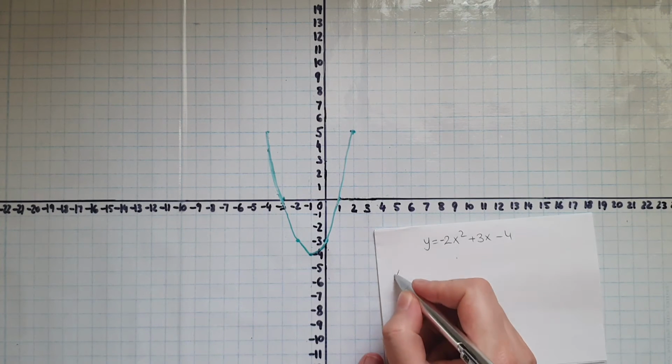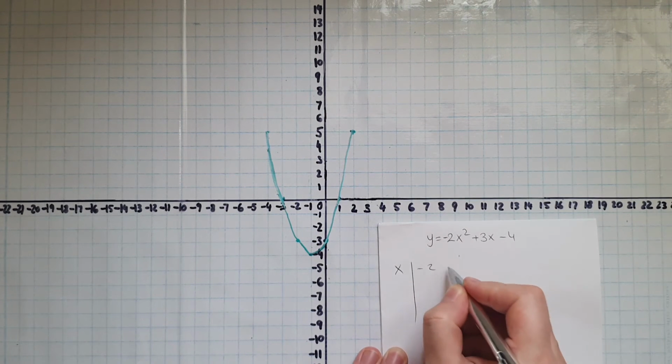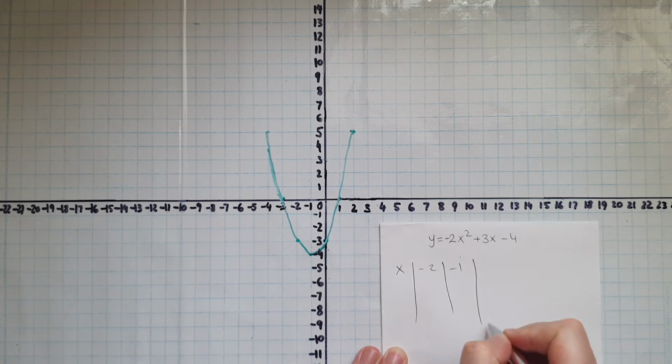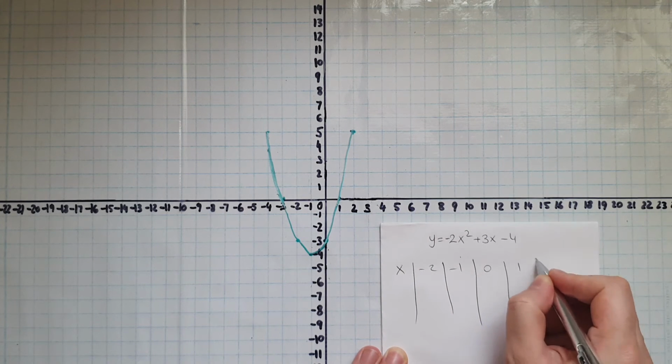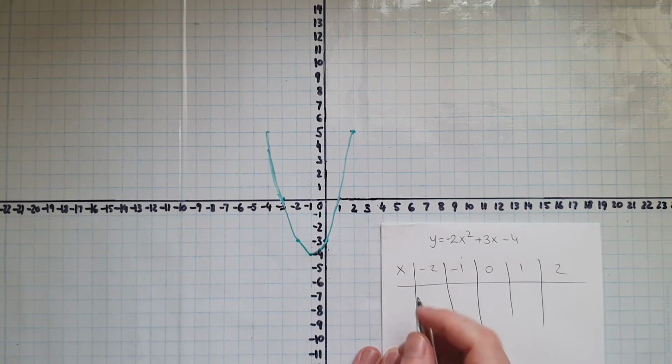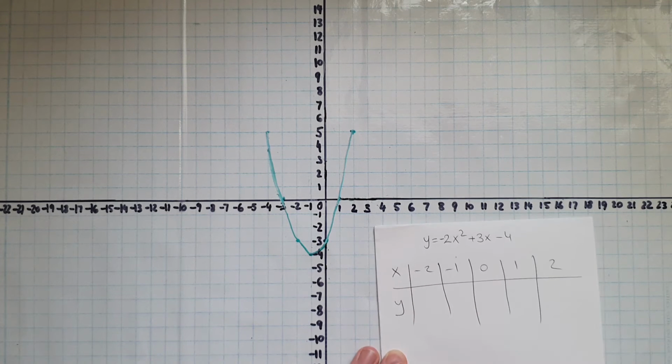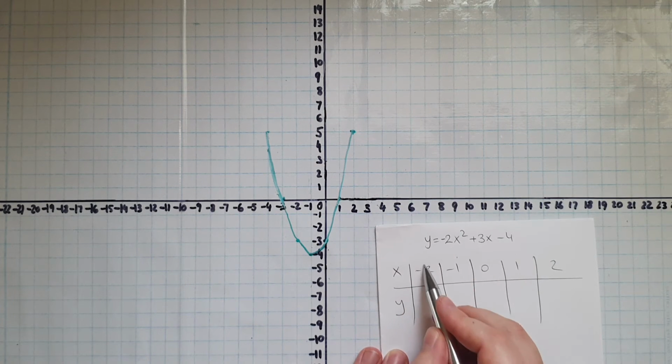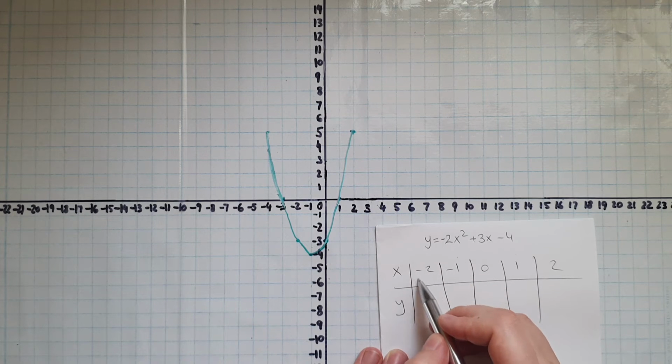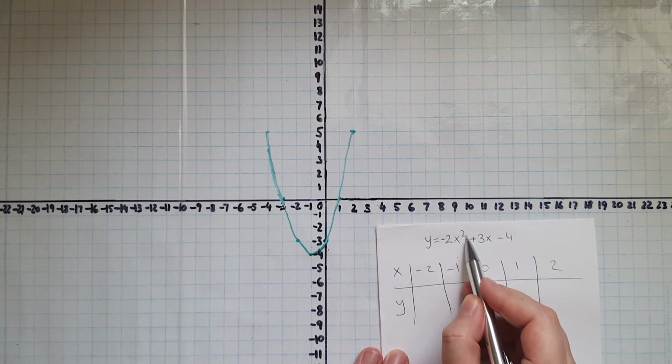So for when x is equal to -2, -1, 0, 1 and 2, what is the value of y? So when x is equal to -2, we'd have x squared being equal to 4.